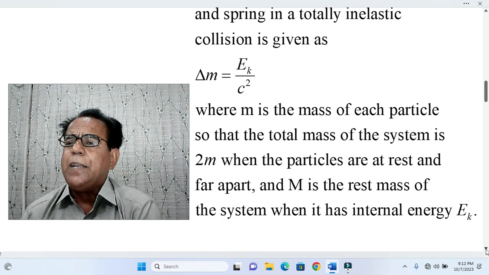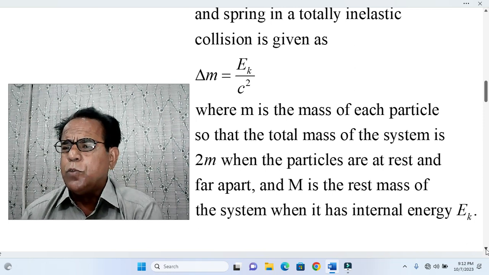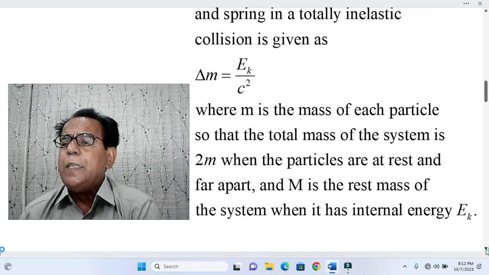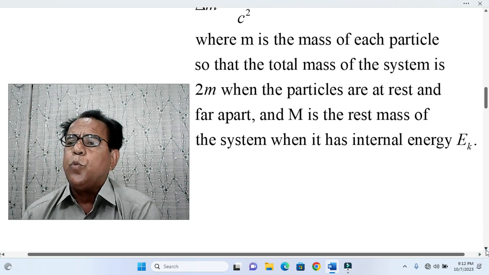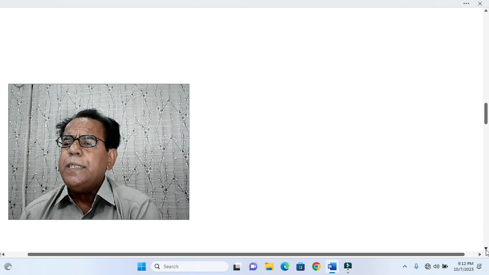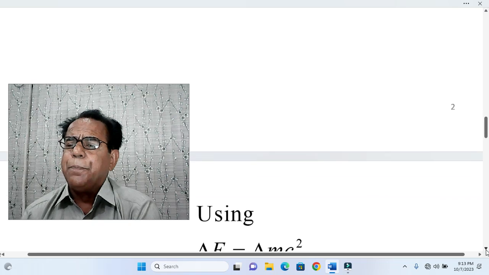Clearly, when small m is the mass of one particle, then 2m is the mass of two particles, when the particles are at rest and far apart, and capital M is the rest mass of the system when it has internal energy Ek. So this is just a guideline.